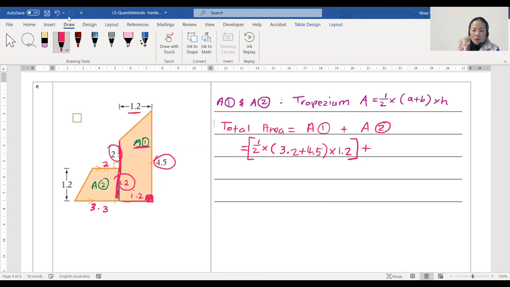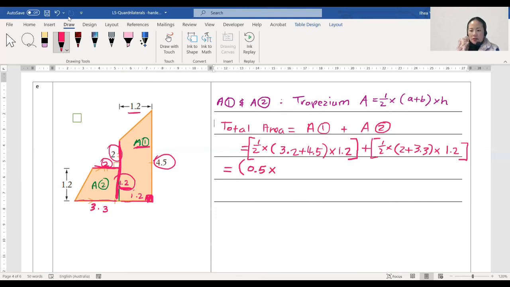Now the second one is half times, what's my base for the second one? Top base is the 2 plus the bottom base is 3.3. And then my height is this one, 1.2. Okay, so that wasn't too bad. 0.5 instead of half times.